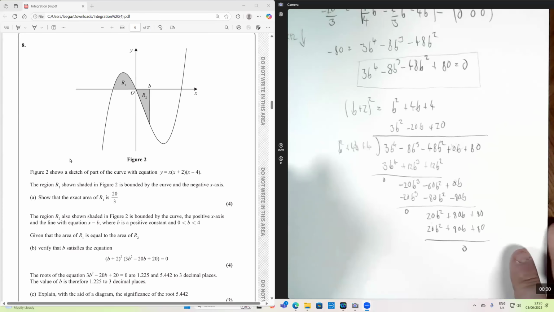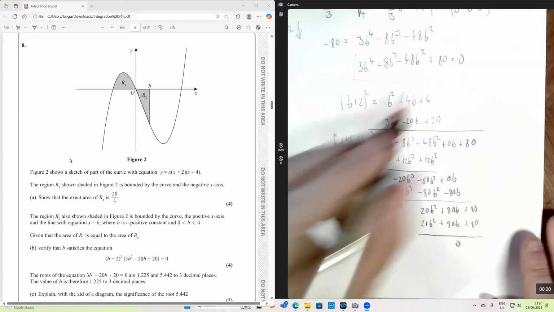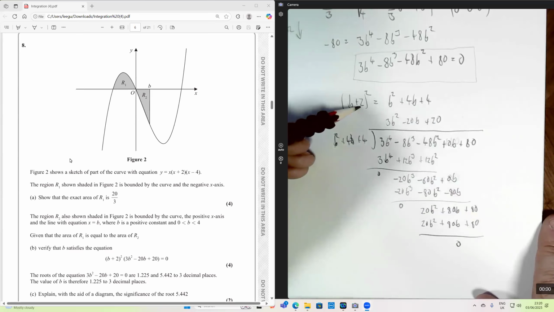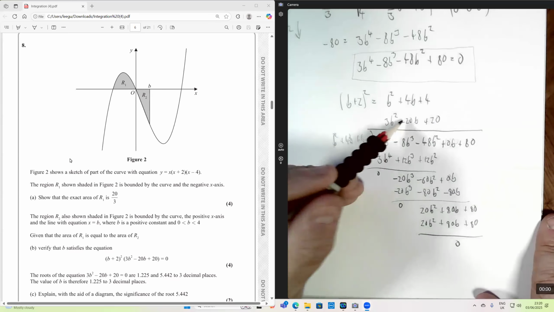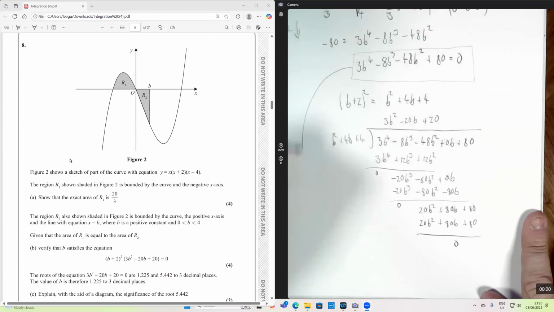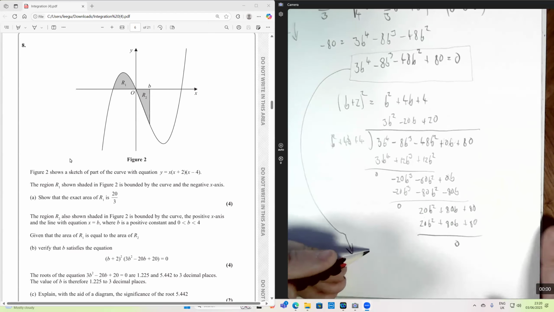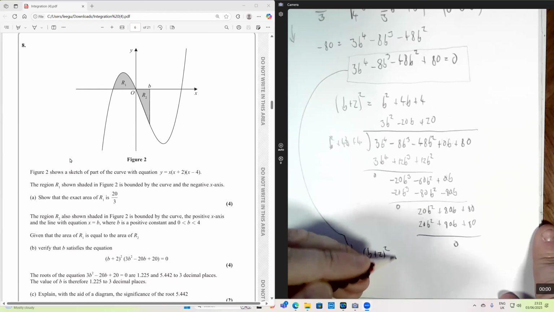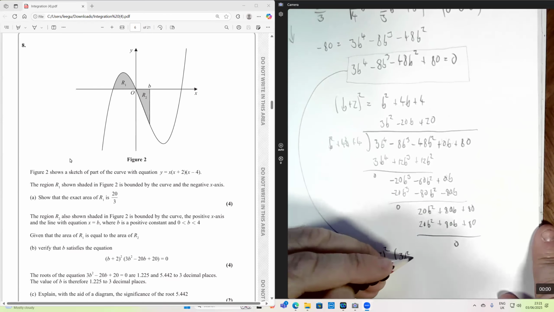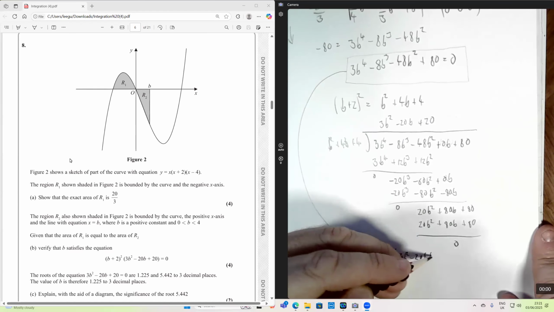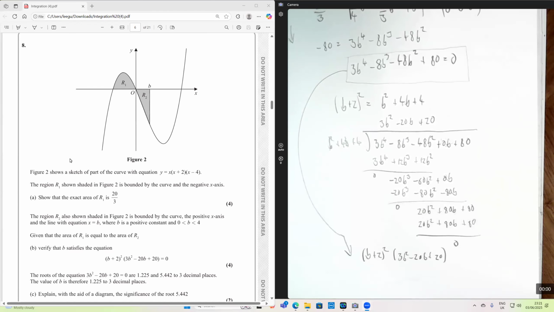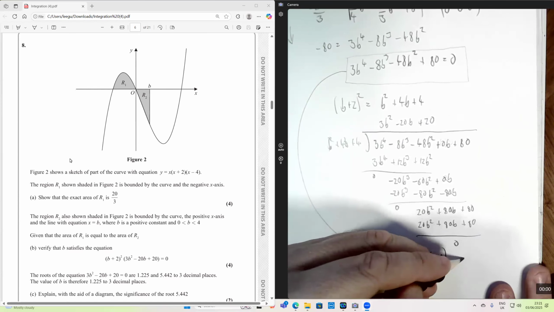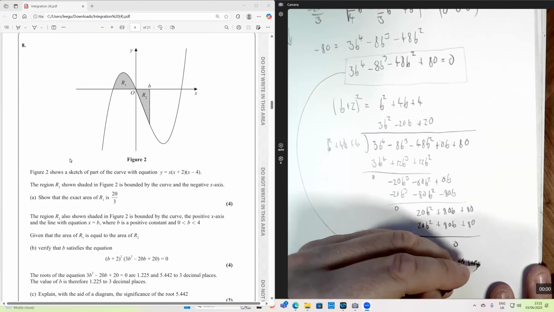So now I've demonstrated that this expression can, in fact, when divided by that, it gives me this as my quotient. So in fact, this can be written as b add 2 squared times by 3b squared minus 20b add 20 as required.